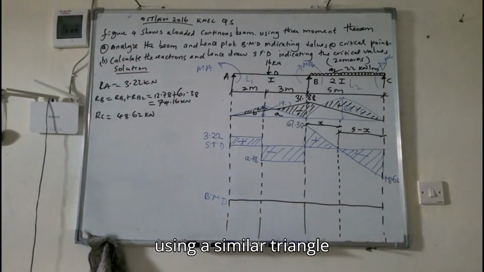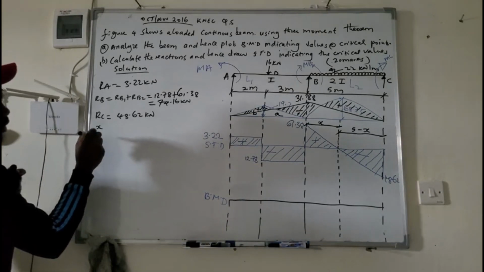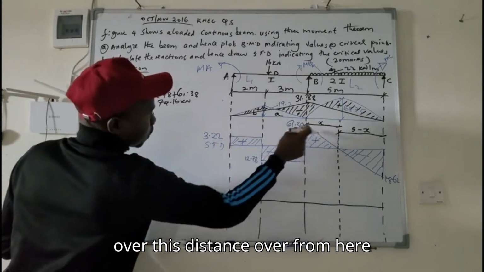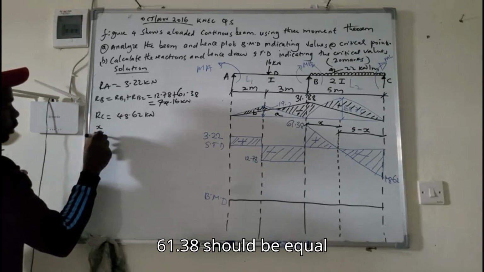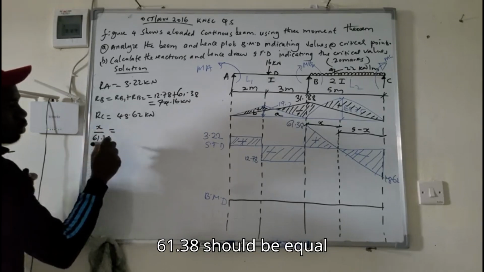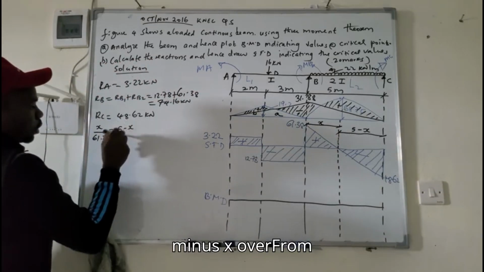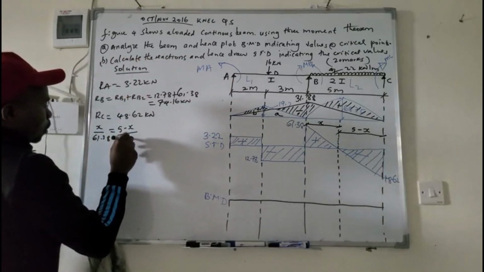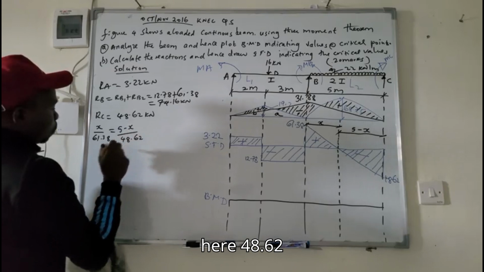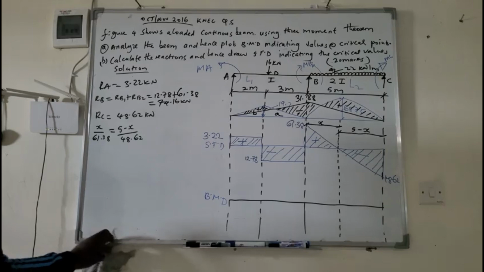So using a similar triangle method, we'll say that X over this distance, from here to here, 61.38, should be equal to this distance 5 minus X over from here to here, 48.62.